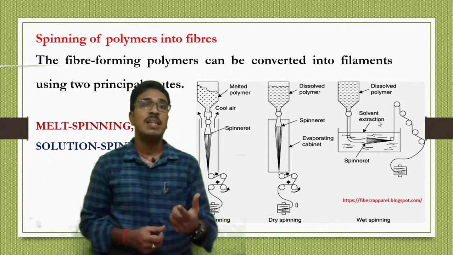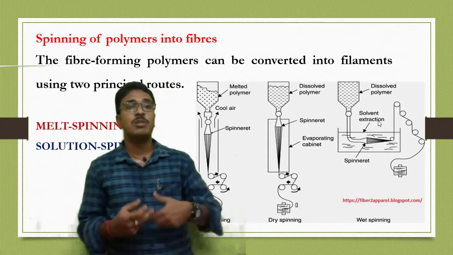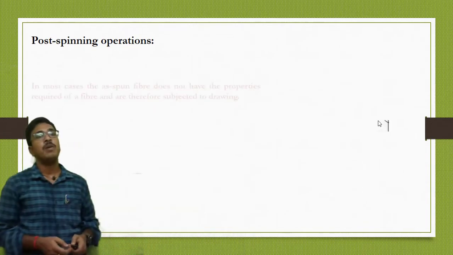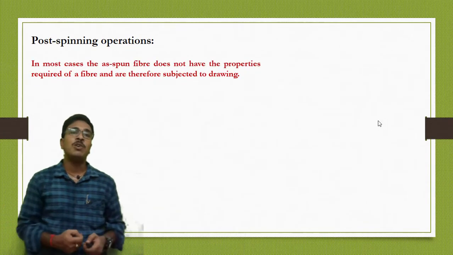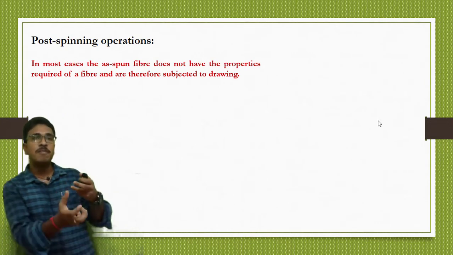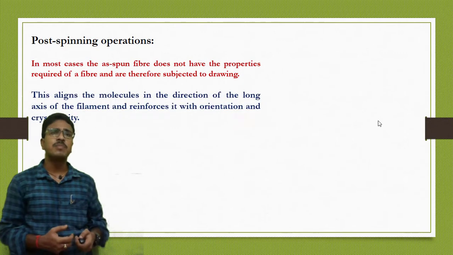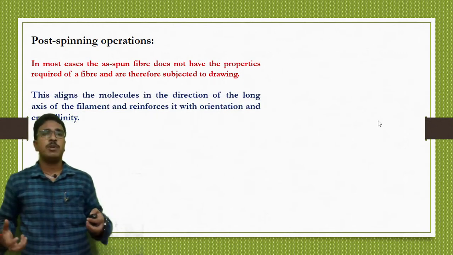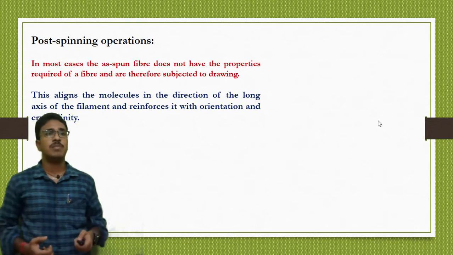Then it is subjected to a process of drawing, and then it is wound onto bobbins. So the post-spinning operations mainly involve providing a temporary finish, which is spin finish, and then a drawing process, which is a stretching process.